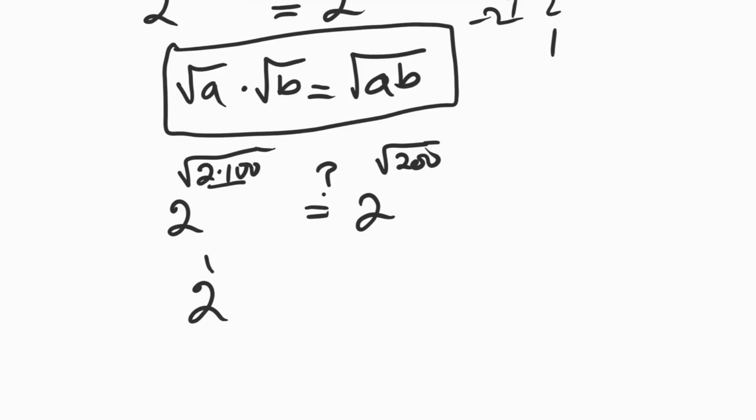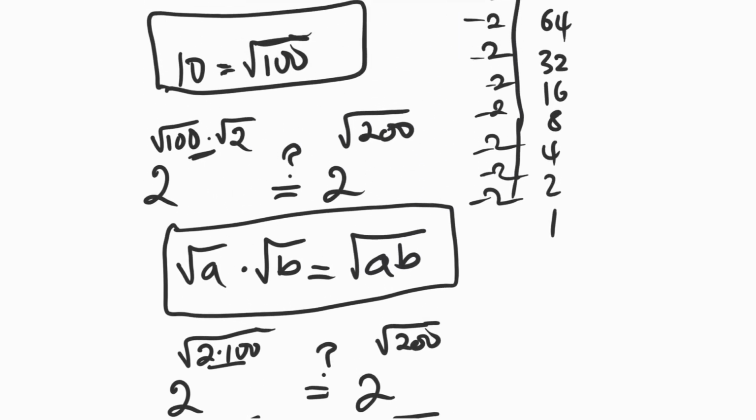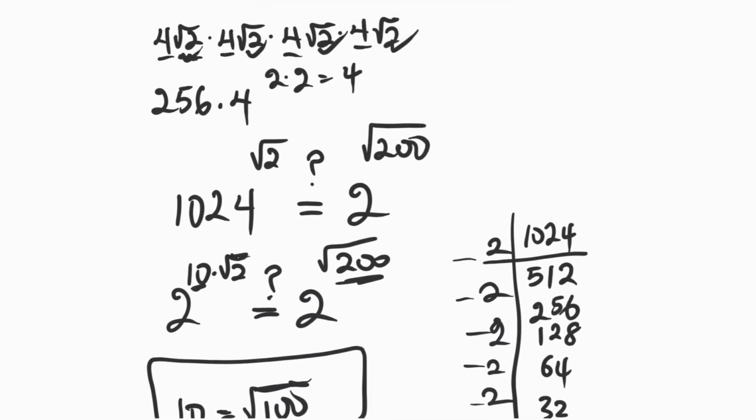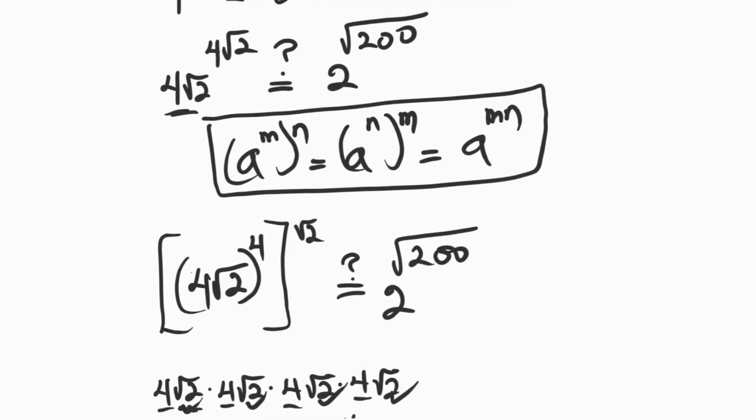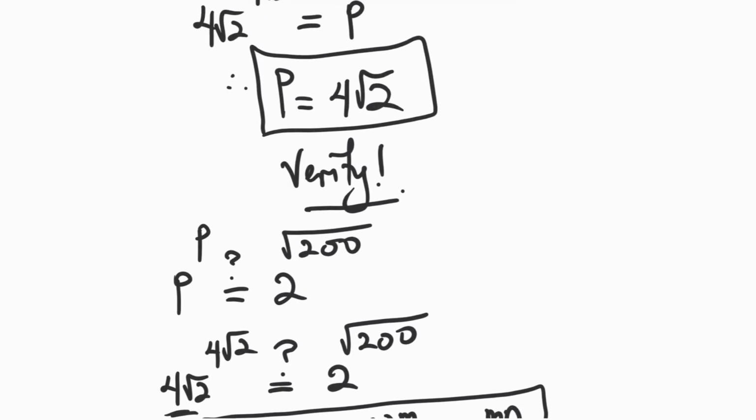So we have 2 raised to root 200 is equal to 2 raised to root 200. Therefore, we see that our left-hand side is equal to our right-hand side. And that means that our value of p, which is 4 root 2, is the correct answer.